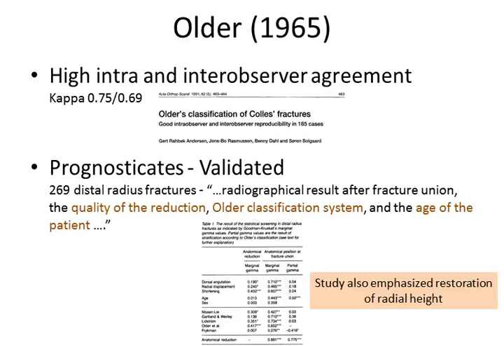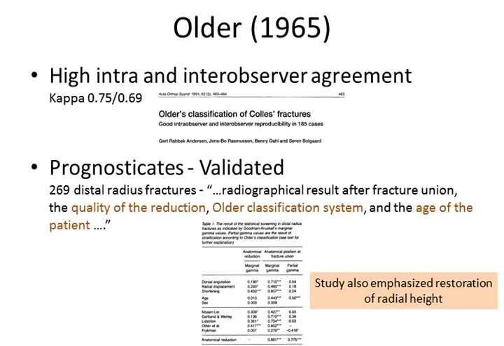In this paper, he actually shows that there is very high intra- and inter-observer agreement for Older's classification, with a kappa value of up to 0.7 for inter-observer agreement. And in another paper where he reviewed 269 distal radius fractures, he validated that this classification does provide prognosis.